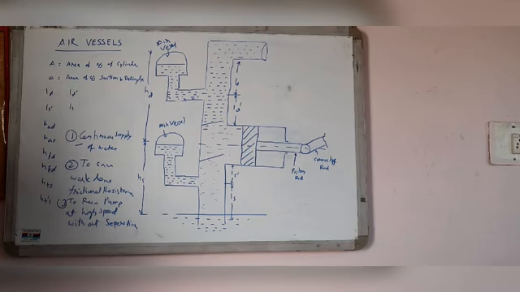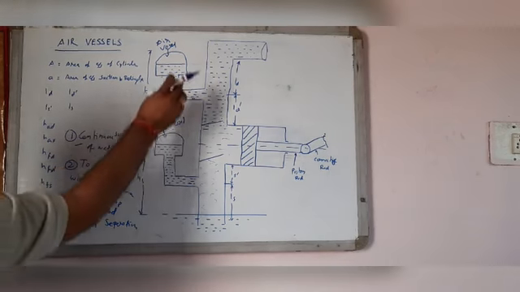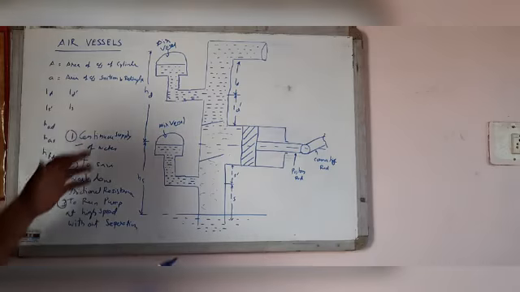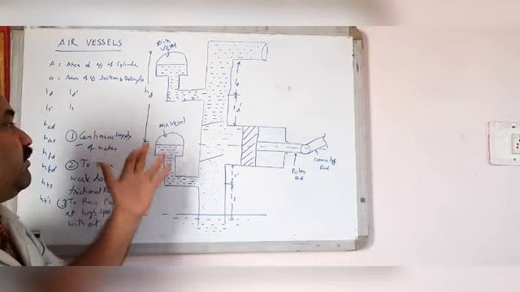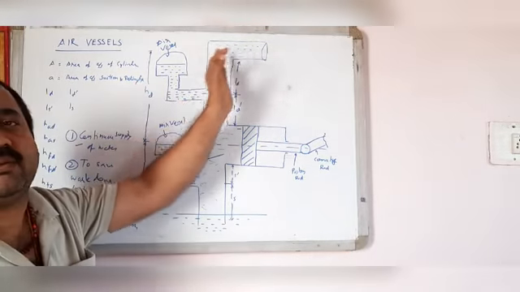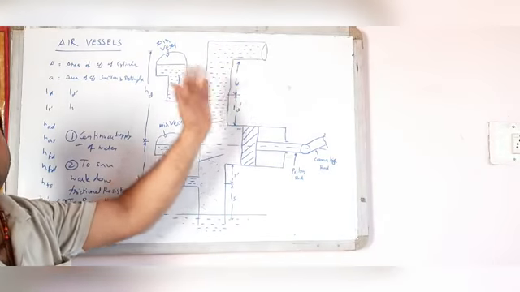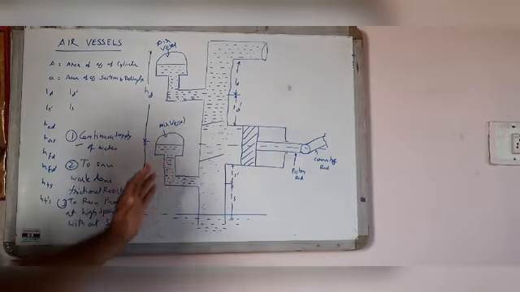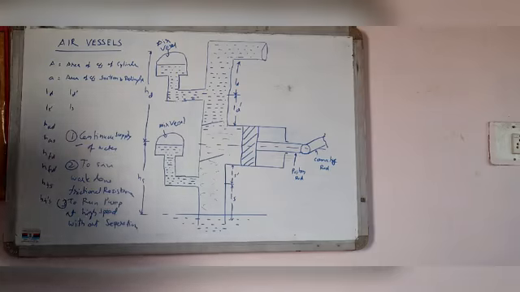Hence the rate of flow of water in the delivery pipe will be uniform. So by using this air vessel, the delivery from this pipe is always continuous, and this is more helpful.